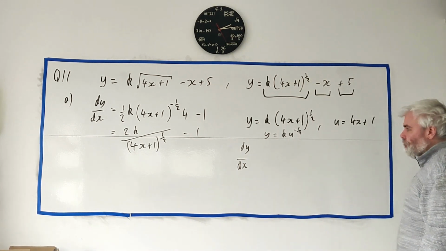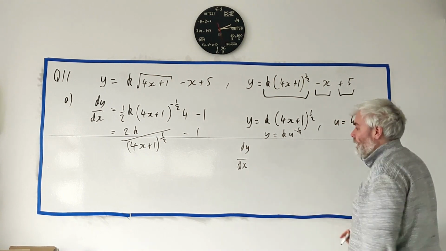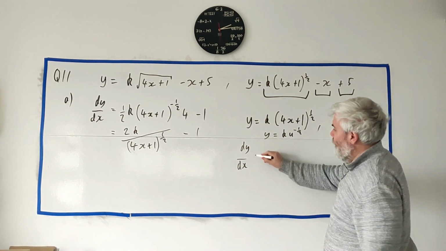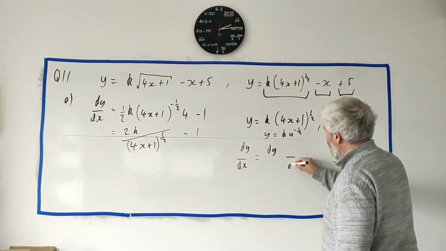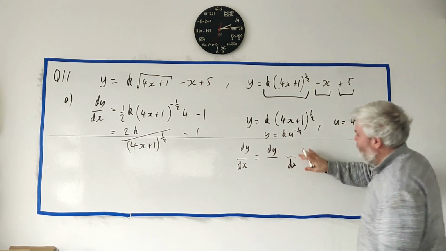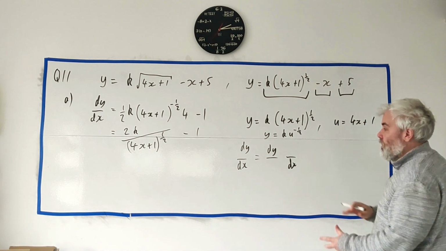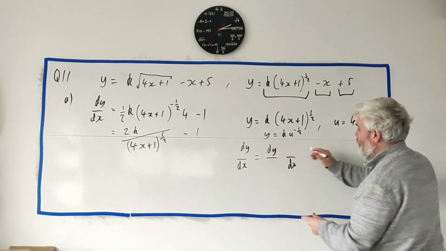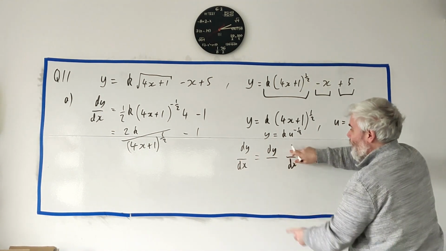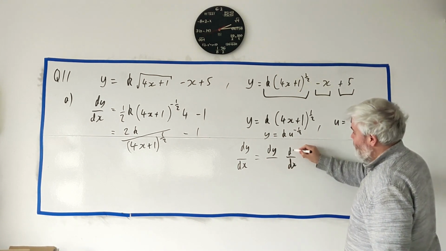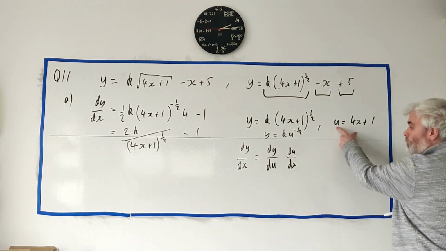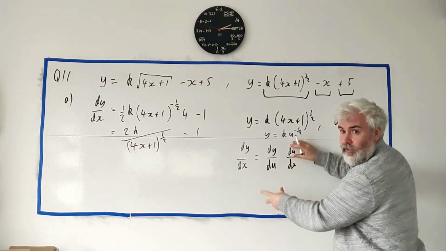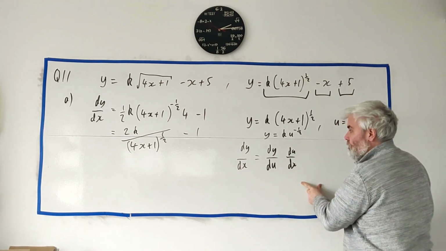To answer dy dx, we'll have to use the chain rule. What the chain rule says is this equals anything that matches here, so in this case, du. If we're replacing a u, we just put them in here, and each of these terms are much easier to do now.